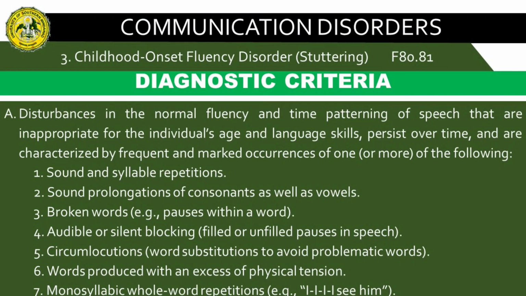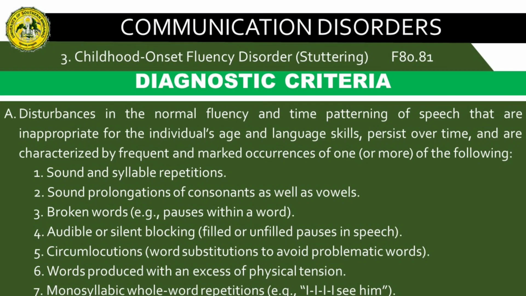Criterion A: disturbances in the normal fluency and time patterning of speech that are inappropriate for the individual's age and language skills. It persists over time and is characterized by frequent and marked occurrences of one or more of the following. First, sound and syllable repetitions.